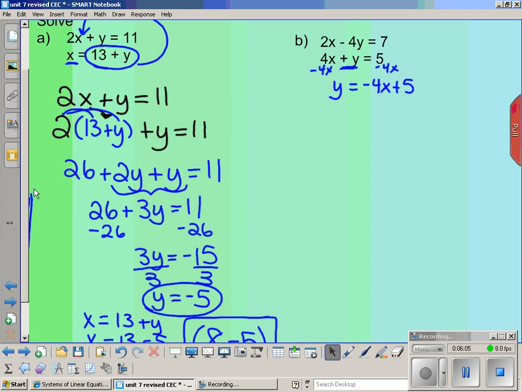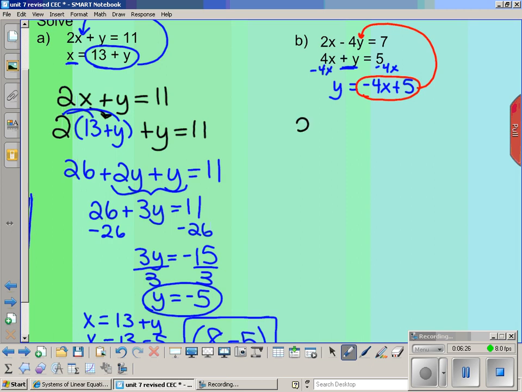So now what we are going to do is take this -4x plus 5, and substitute it into the y spot of the other equation. And very important that you put it into the other equation. You cannot substitute it back into the equation that you manipulated.